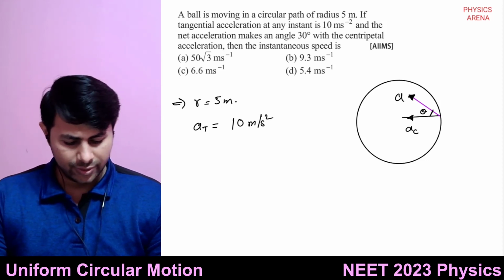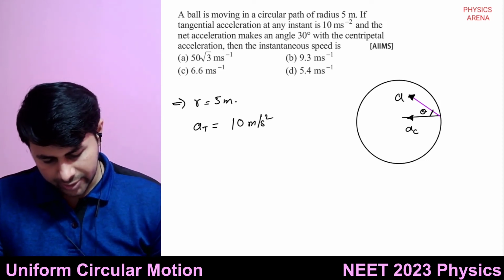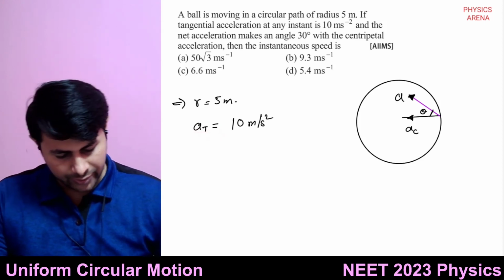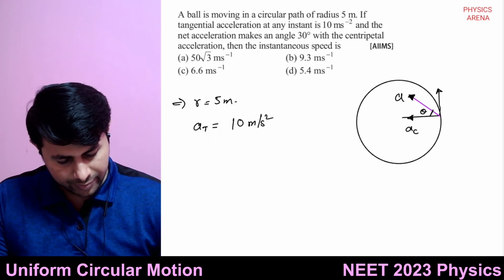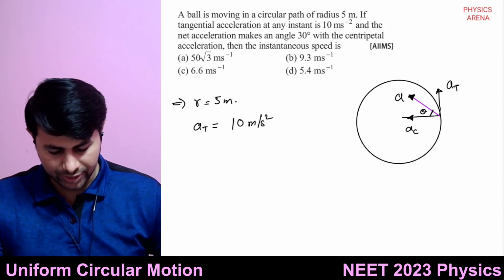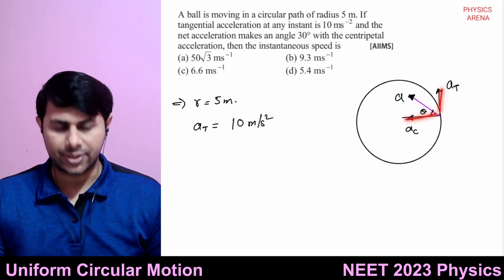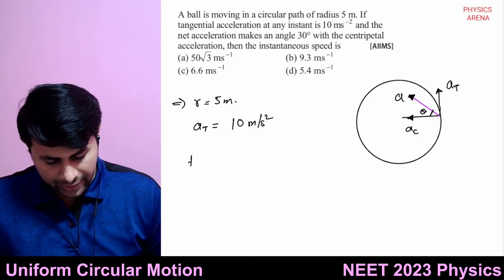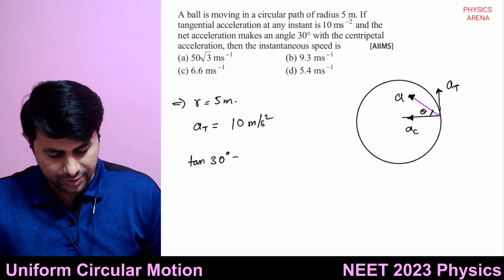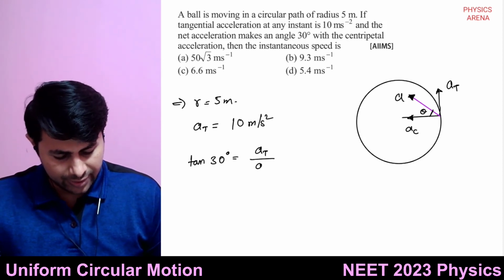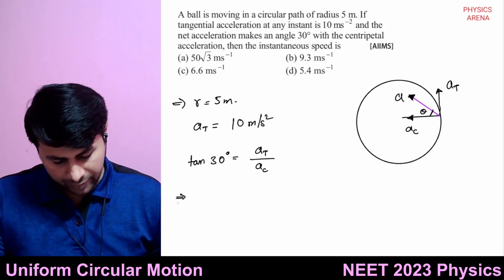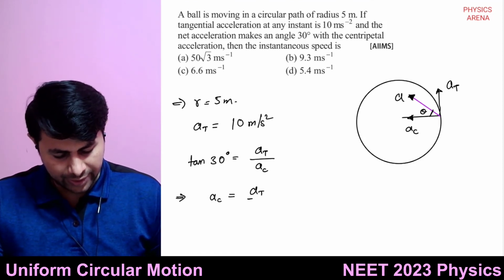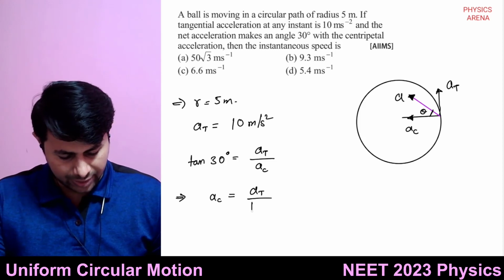So tan of 30 degrees is at divided by centripetal acceleration, and therefore AC is equal to at divided by tan of 30.